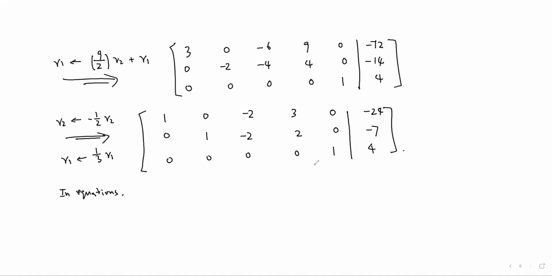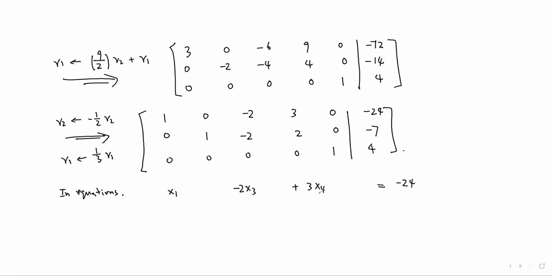In equations, the final augmented matrix's first row, first column, gives the coefficients for the unknown x1. So x1, 0 times x2, minus 2 times x3, plus 3 x4, 0 times x5 is equal to the right hand side.